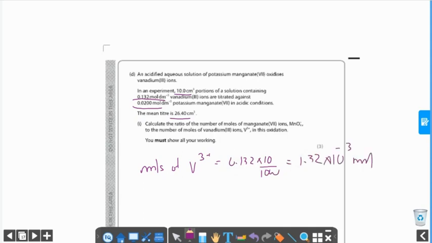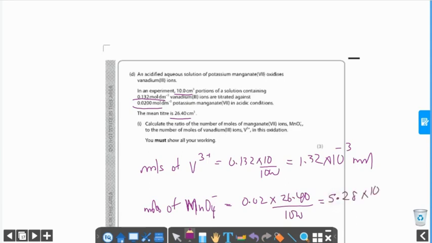And then moles of permanganate. This is how much? 26.40. n equals CV. 10 power minus 9.